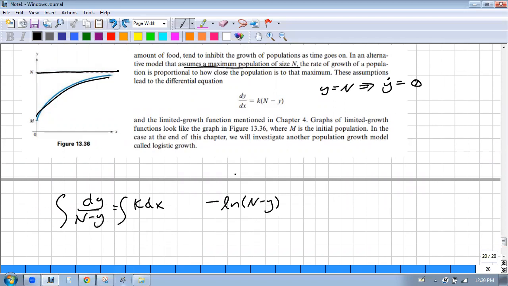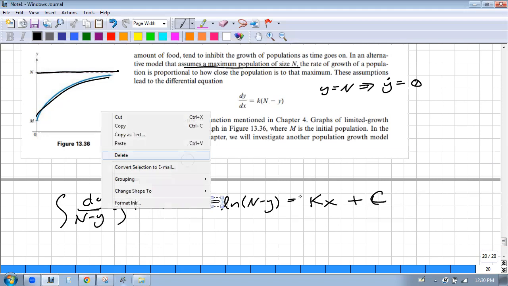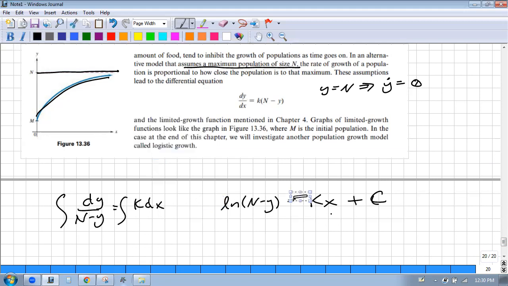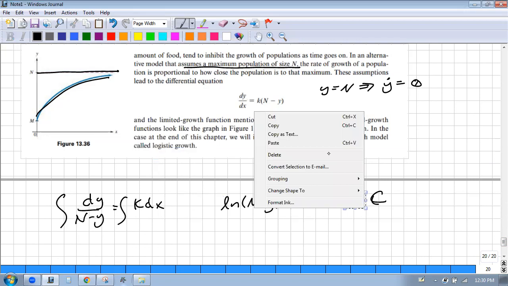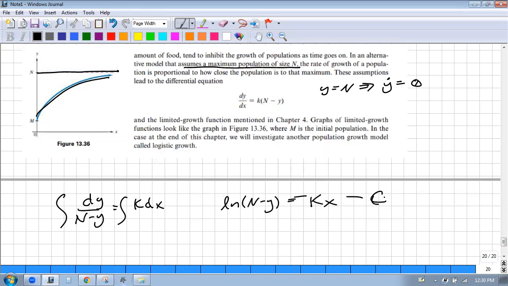Because the derivative of this would be 1 over that times the derivative of the stuff inside, which has a minus, so you need a minus there to cancel that out. And over here, you still got the kx, and we need to plus a constant. All right. Then let's move the minus over here. And this would be, we could still put plus c, because if you take the c and make it negative, we just rename negative c as c, right? It's still a constant. Okay.